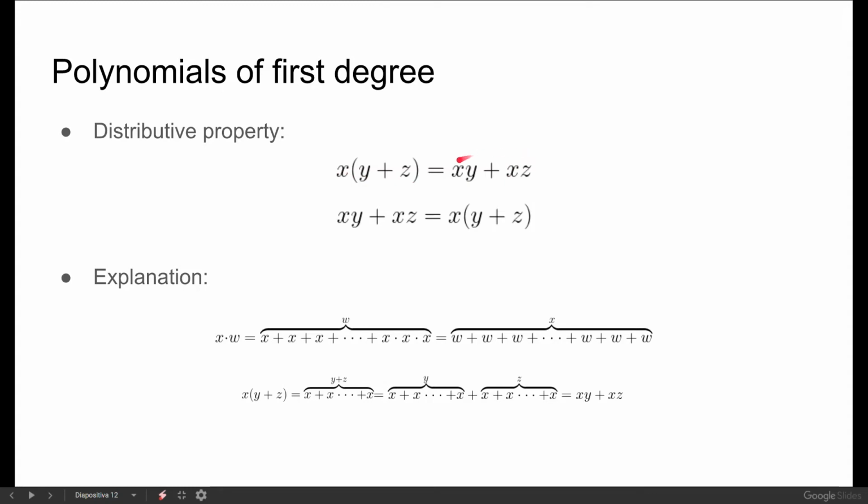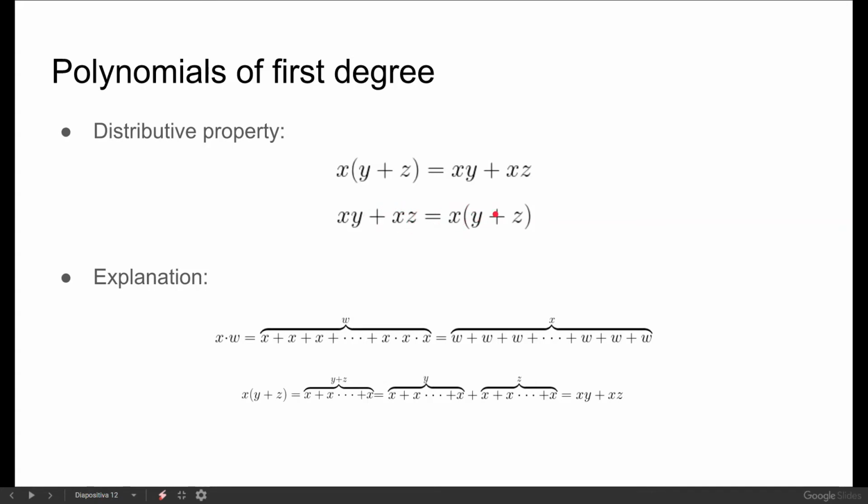That means if you have an expression like this, you can transform it into an expression like this. So if you have x times y plus x times c, that is equal to x times y plus c. You could take the variables that are similar in these two terms and take them out of the equation and group the remaining terms.